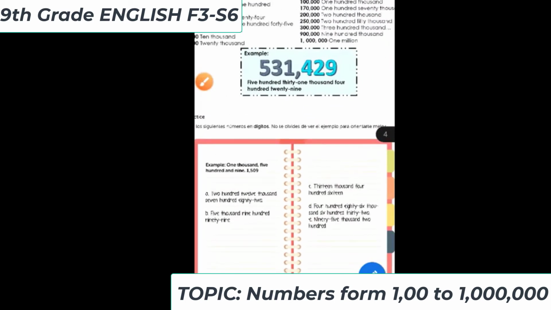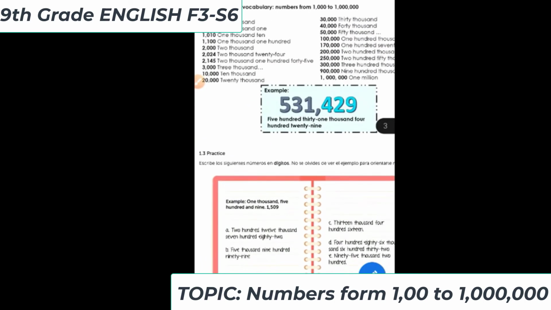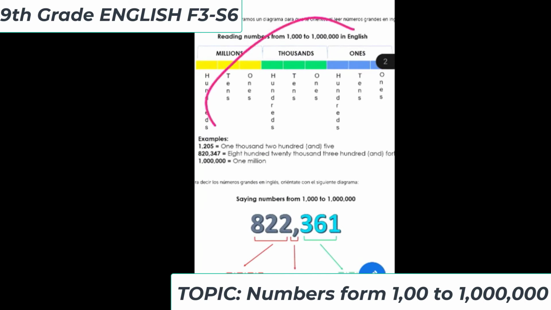Okay? Remember, there are three ways to say numbers in English. Tres maneras de decir los números en inglés. One, translation, traduciéndolos, así como yo les dije. Escribir un número en inglés es como traducirlo. That's what I told you in class. Second, utilizando este cuadro, ¿okay? Que nos dicta un orden.